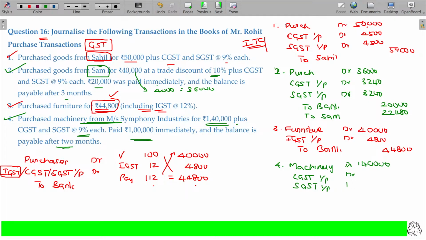Input CGST and SGST, 12,600 each. And immediate payment to bank, 1 lakh. The balance will be payable sometime later. Until that time, I am going to use his name for reference to whom I have to pay. Symphony Industries. How much? 65,200. Am I right?